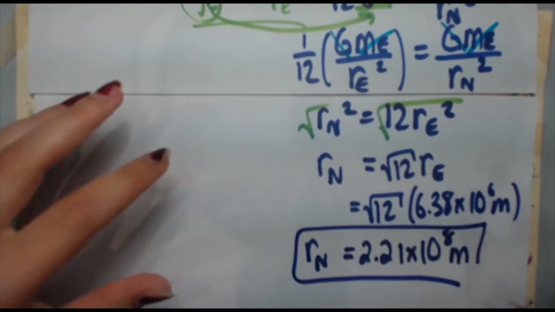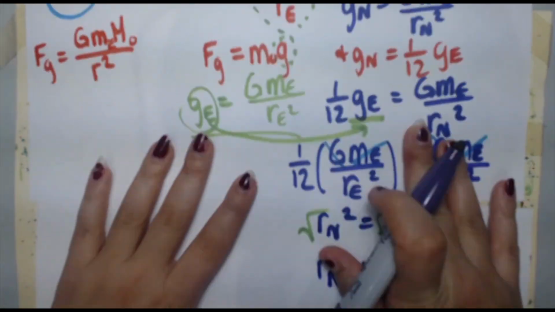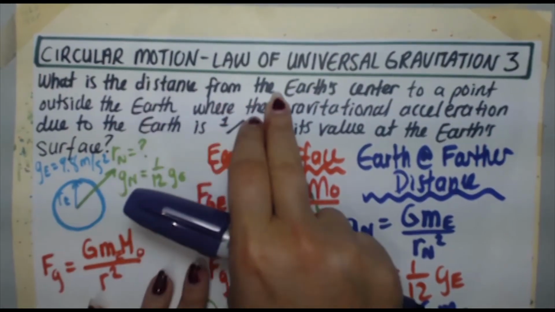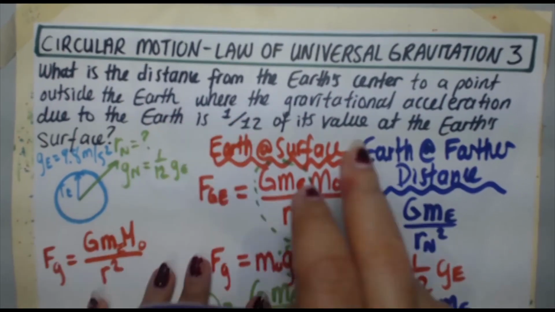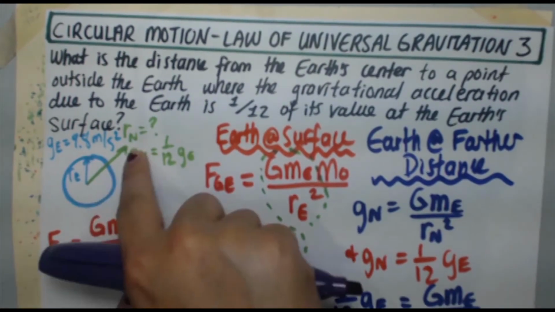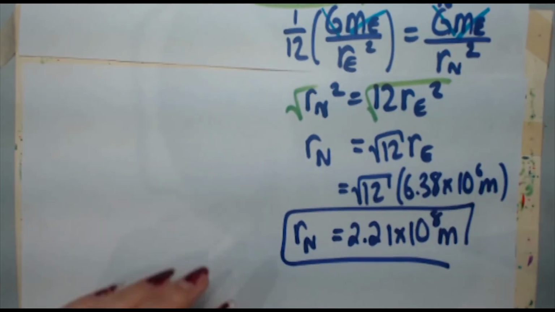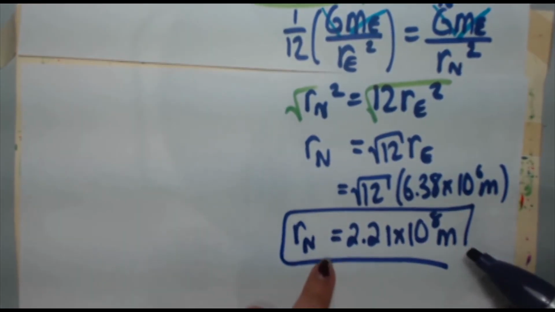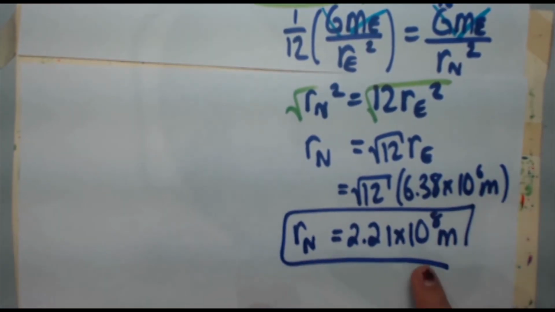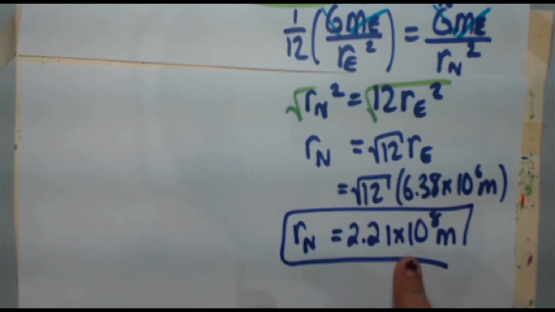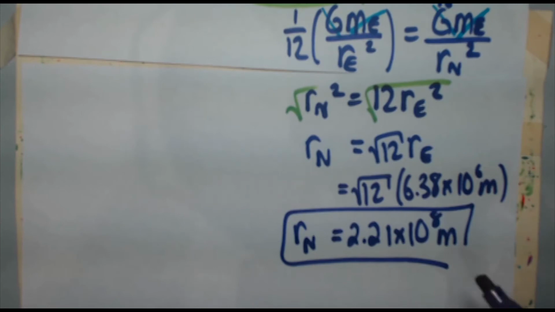Because the question is asking us, what is the distance from the Earth's center to a point outside the Earth? Therefore, this R_n that we calculated from the Earth's center is correct. Some questions are going to say, what's the distance above the Earth's surface? If that's the case, take this number and subtract the Earth's radius, and you'll have it. But for the purposes of this question, we're good. So that's our final answer.